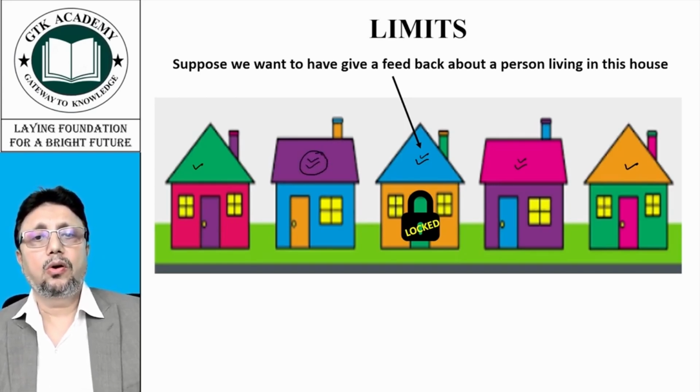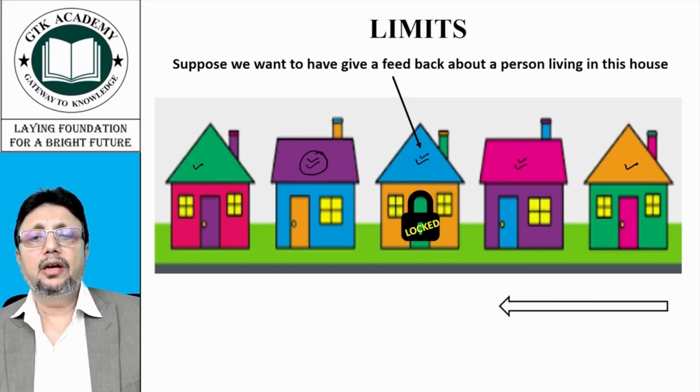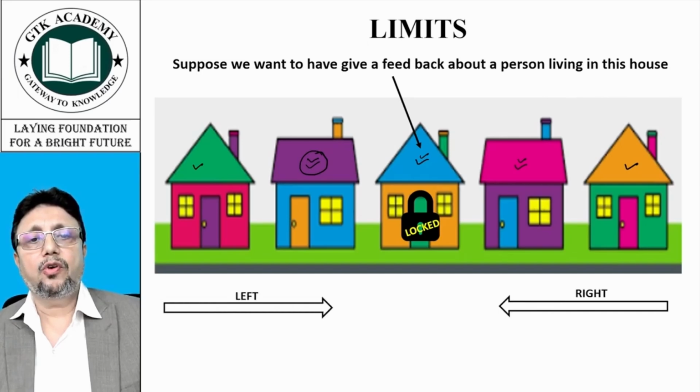The next door neighbors or the houses in the proximity will have better feedback about this person. Here we have only depicted 2 houses on the right and 2 on the left. We can have many more. So if we start from the right or from the left, we will try to get feedback about this person.